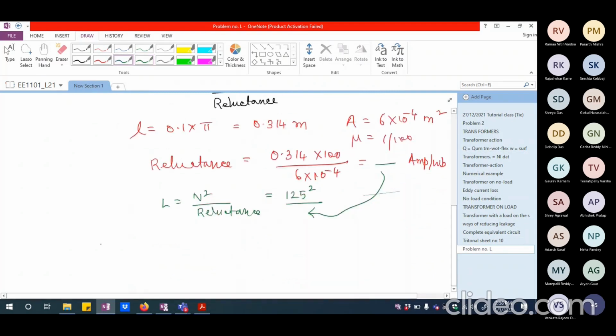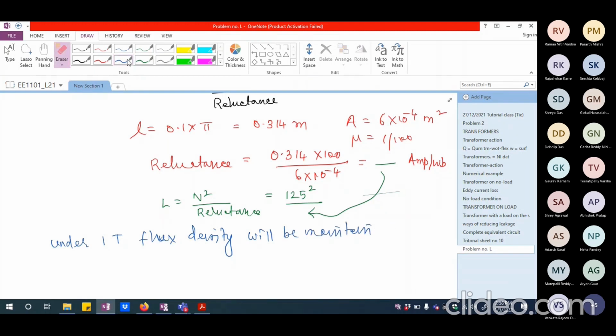Under 1 Tesla flux density will be maintained for a maximum H value of 100 ampere per meter. Okay.